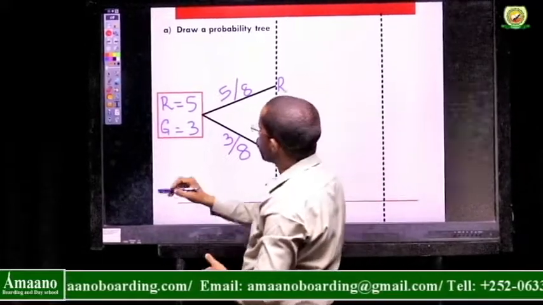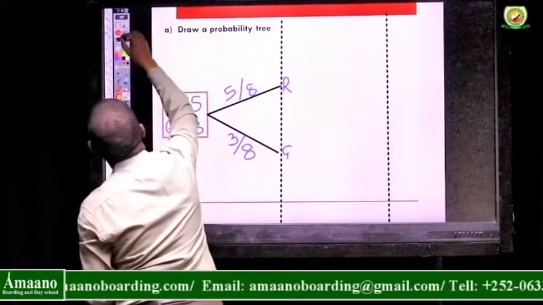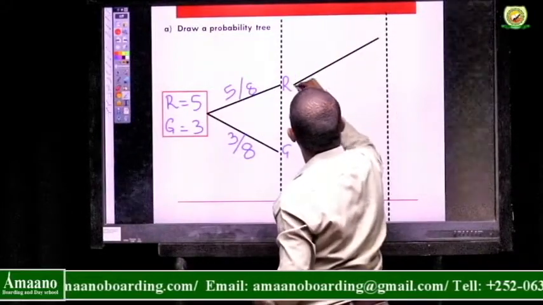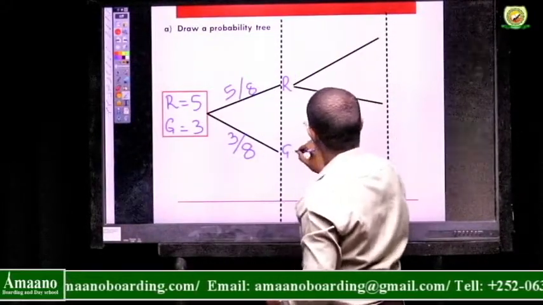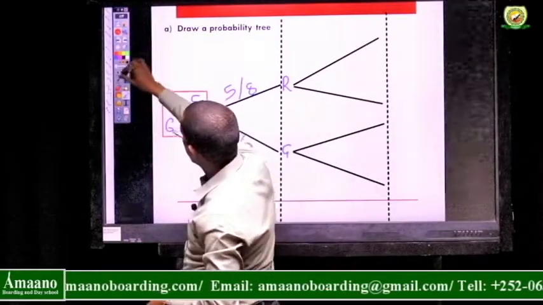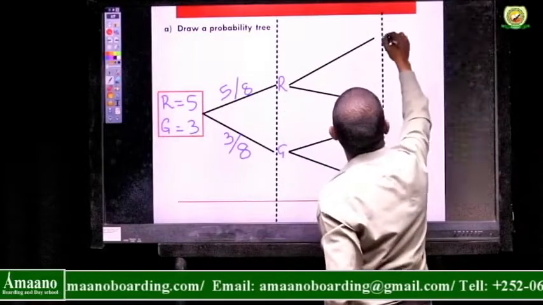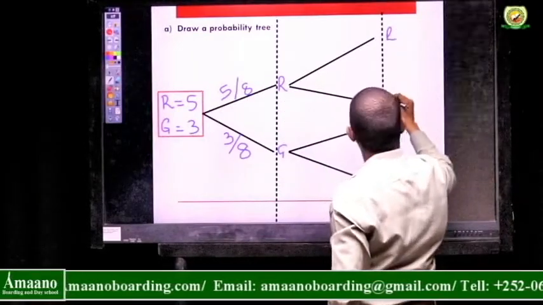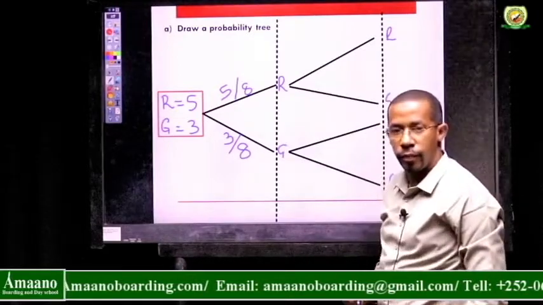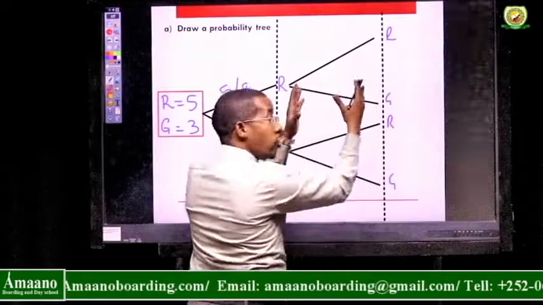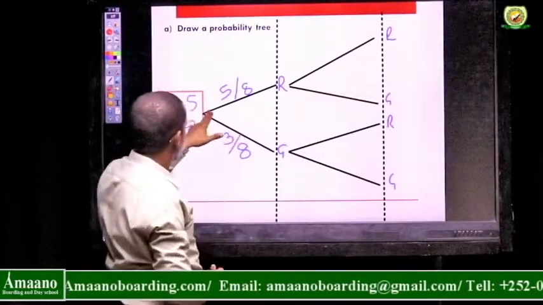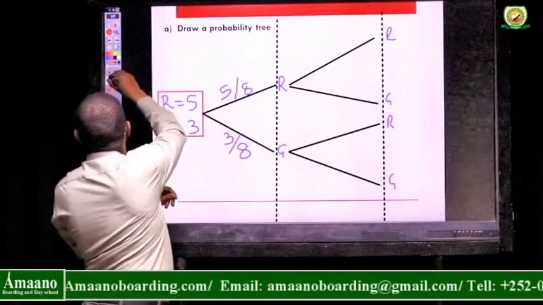If he is to draw a second time, still 2 options here. Okay, so he could get red, another red, green, red, green. Now let us understand, this is conditional probability. When you are here, let me first mark this part.